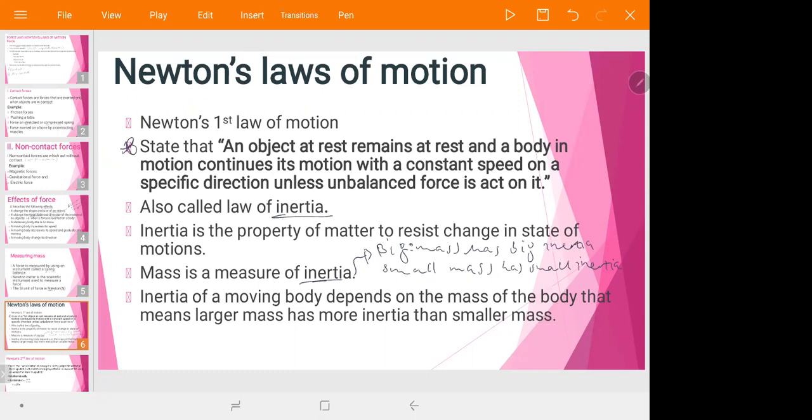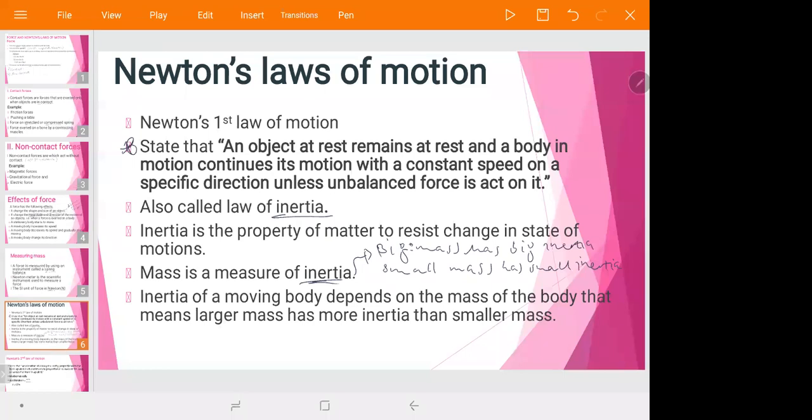As I said at first, if you want to stop a moving car and a moving ball, you can stop the moving ball more easily. Why? Because their masses are different. The inertia of a moving body depends on the mass of the body.